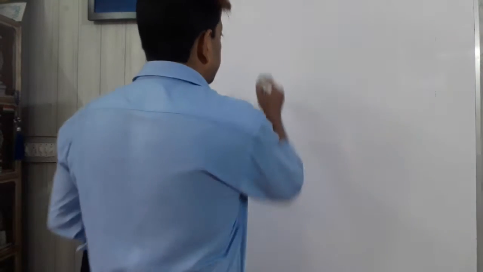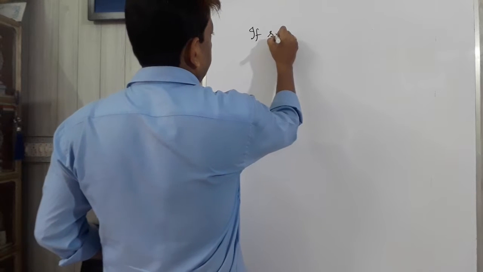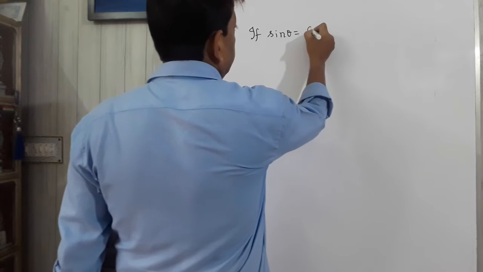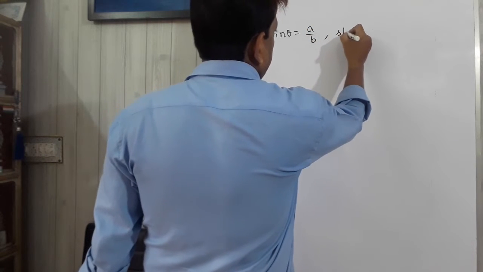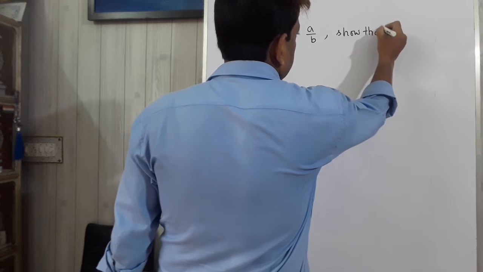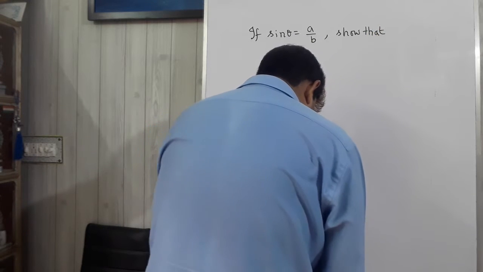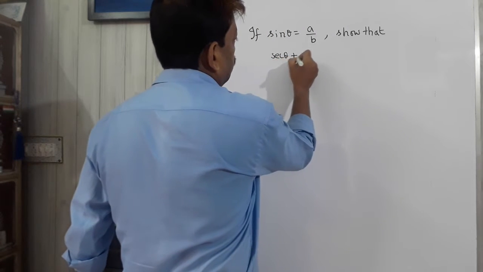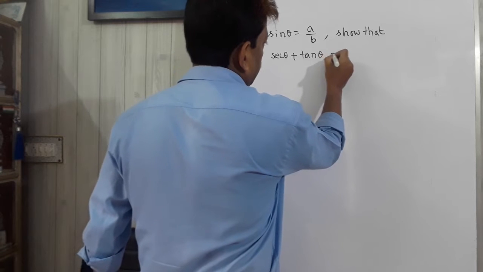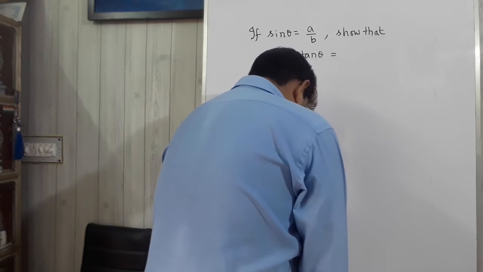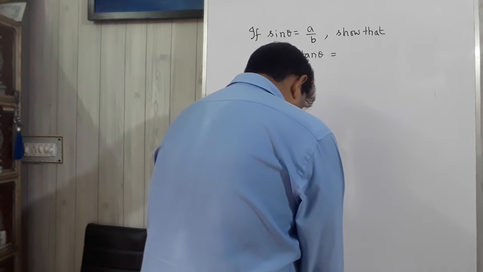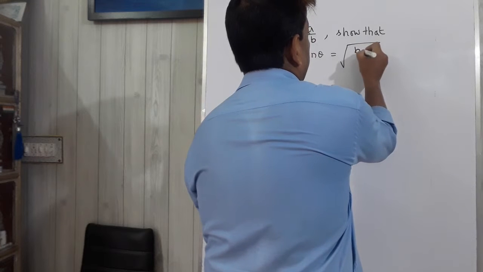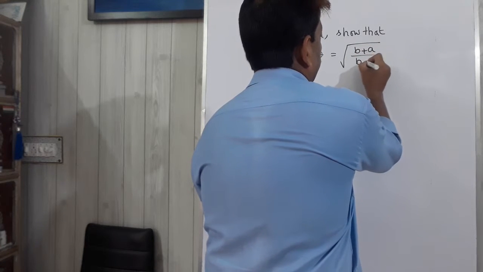It is given that if sin theta equals a upon b, then show that sec theta plus tan theta equals root over b plus a upon b minus a.